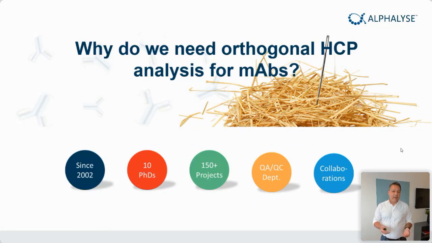We had 10 PhD level scientists working on this. And for the last 4 years, we've been providing this as a service to clients all over the world. And we have now been involved in more than 150 different HCP projects using mass spectrometry, probably making us the most experienced using mass spec for host cell protein analysis.